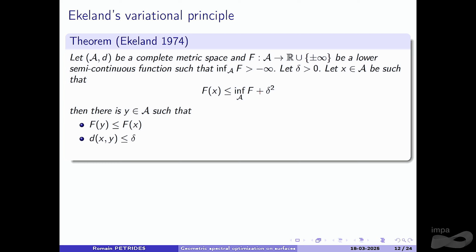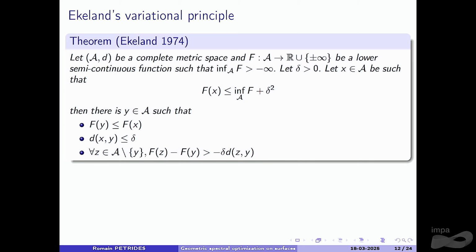That the distance between x and y is small, controlled by the square root of delta squared, so by delta, and that you have this. For any choice of another point in A, this difference is controlled.